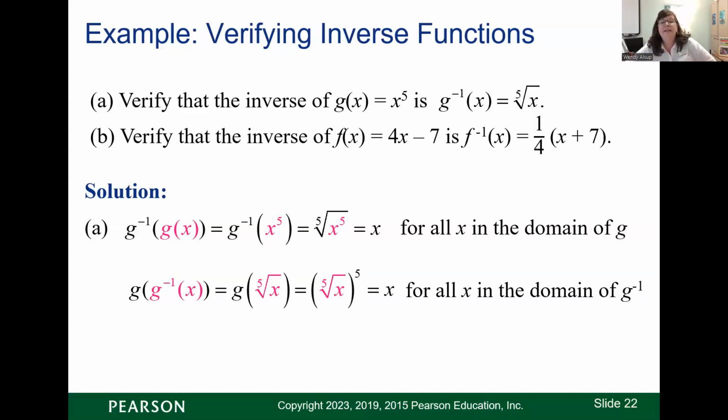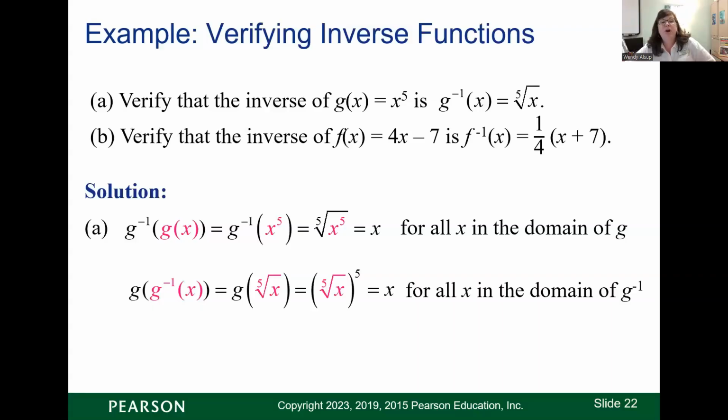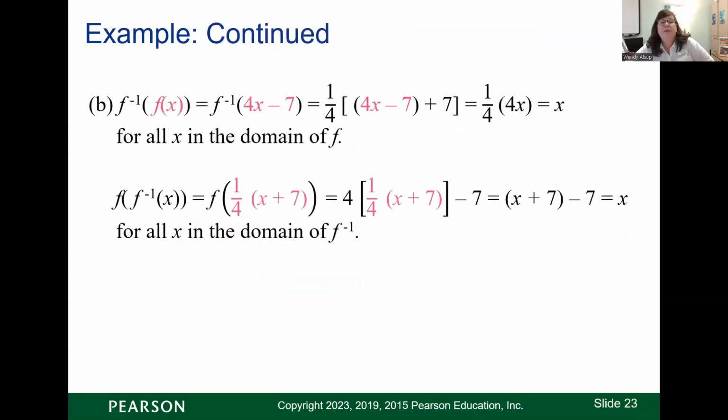How about part b? These are both straight lines. Here you want f of f inverse. So we're going to plug in 1/4 x plus 7 where we have an x here. Plug in 1/4 x plus 7 where you had the x, and multiply it out.